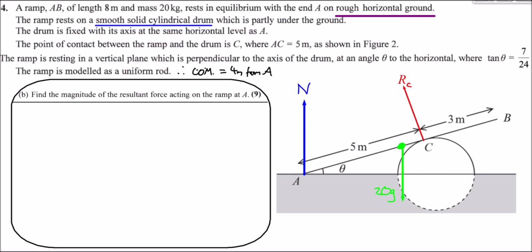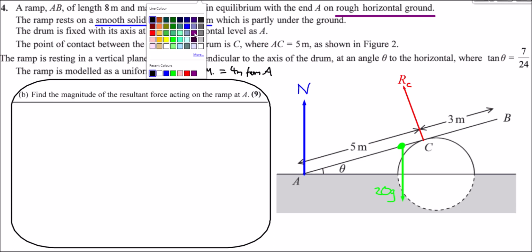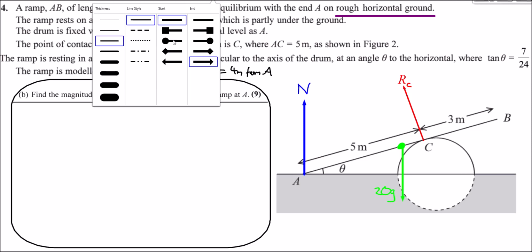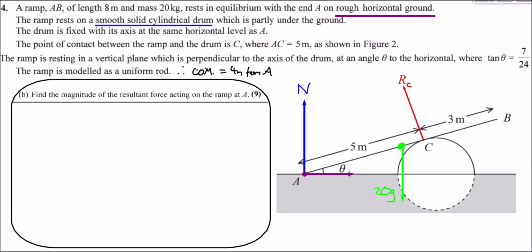If this were to slip, this ramp would slip to the left, it'd fall downwards. So the friction, if anywhere, will be acting to the right. So the friction force, I'll do this in a purple line, is going to be acting this way from A, and I'm going to call this just F for friction.